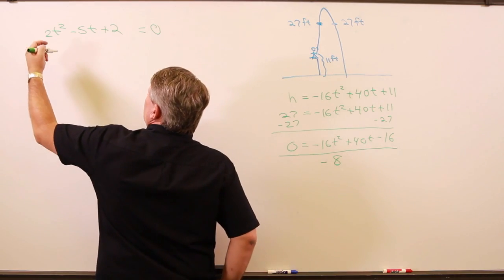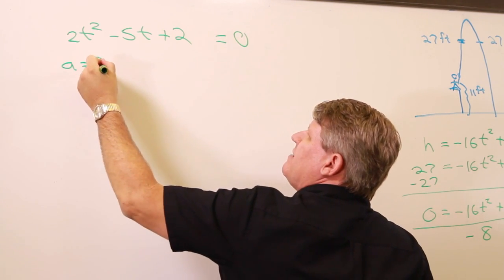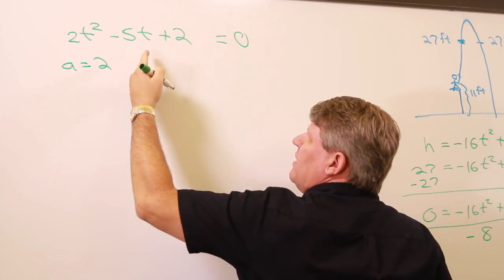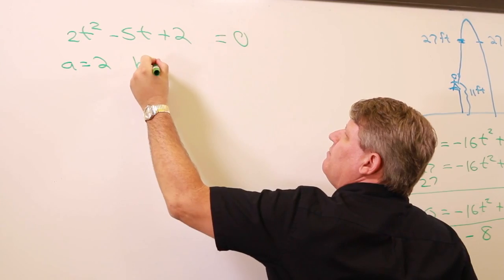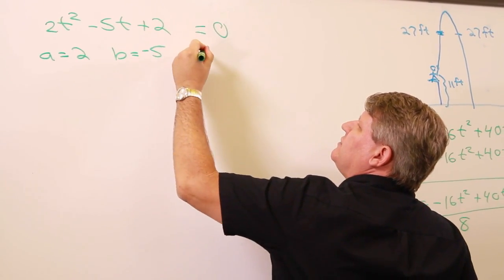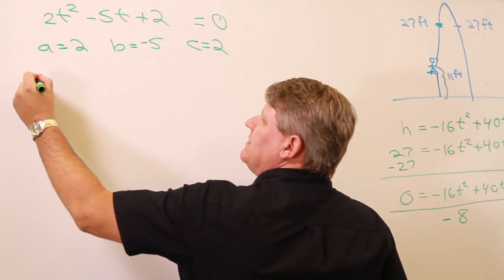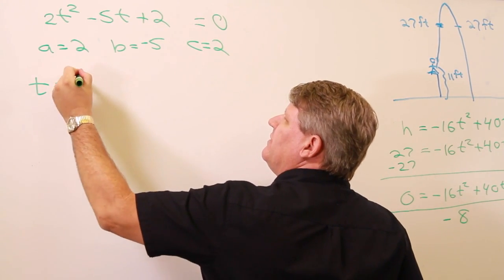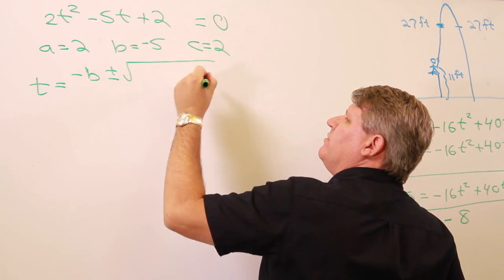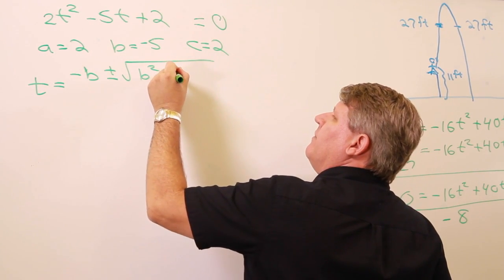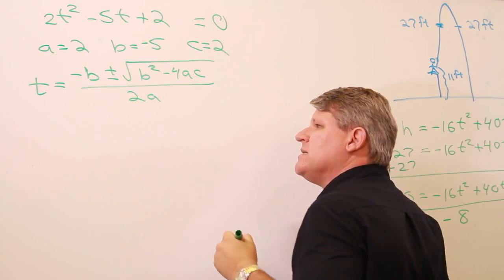Remember, in the quadratic formula, our leading coefficient is our a, our linear coefficient, the one in front of the regular t, is our b, and our constant term is our c. Our formula says t equals negative b plus or minus the square root of b squared minus 4ac, all over 2a.